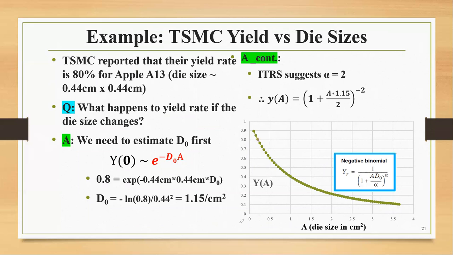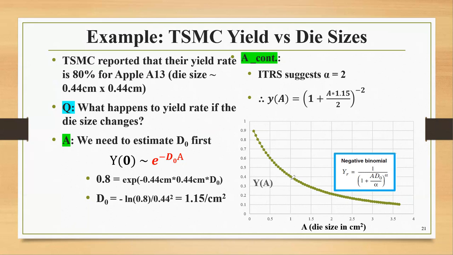So if you ask me, what if I have a new die, which is 1 by 1 centimeter, what would the yield look like based on TSMC 5 nanometer data? TSMC could use this formula and it would only give you 40%. So the die is rather large. That's estimated by the negative binomial, unless they do something crazy to improve the yield.